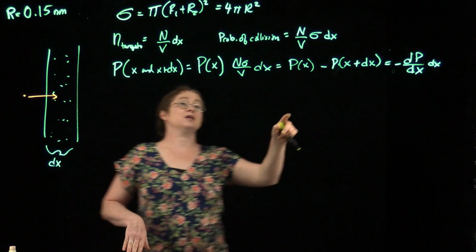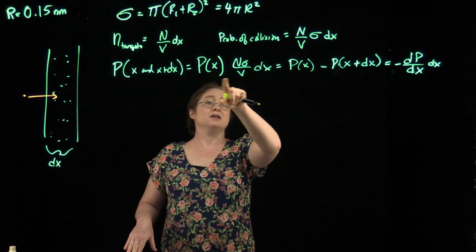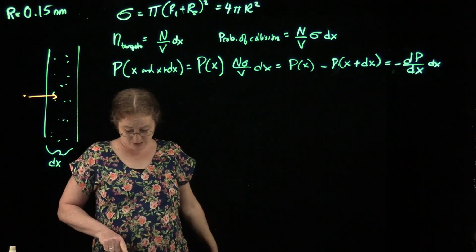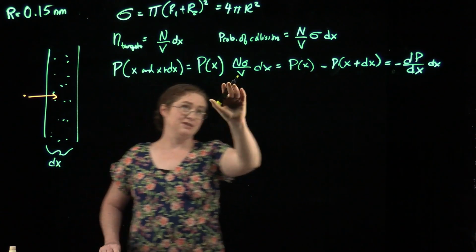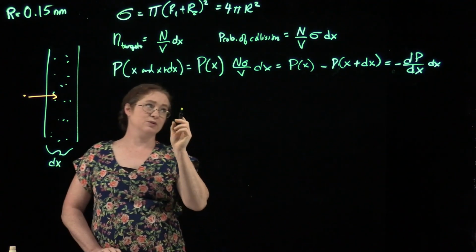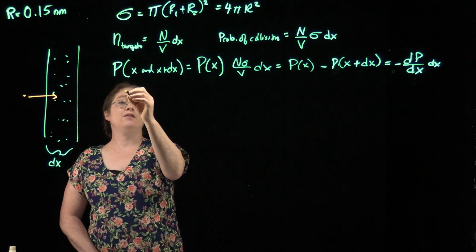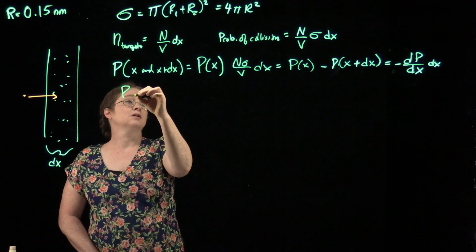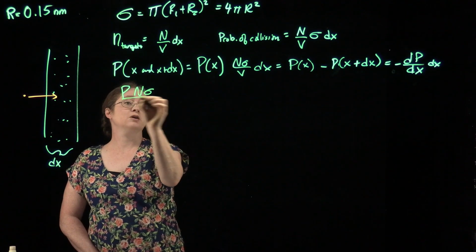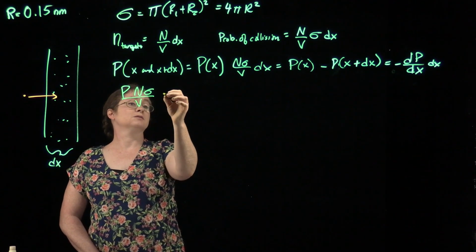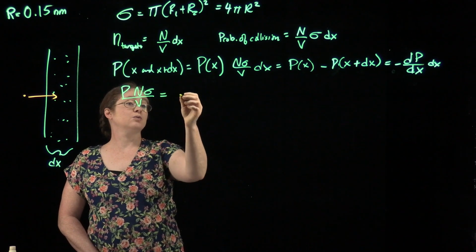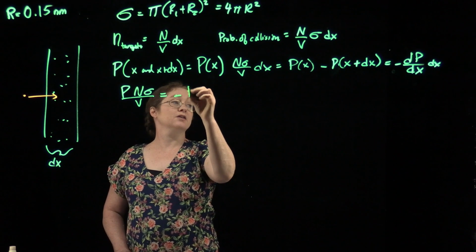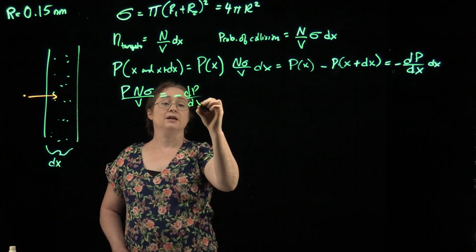And then I now have a differential equation, and we know what to do with this. So I have P of x times n sigma over v equals, canceling out my dx's here, negative dP/dx.